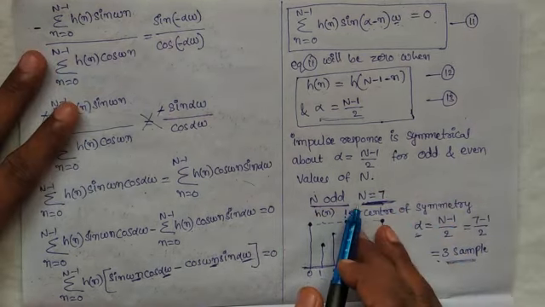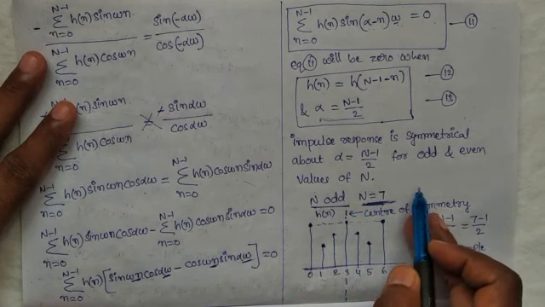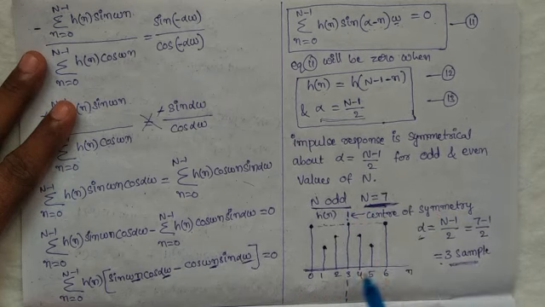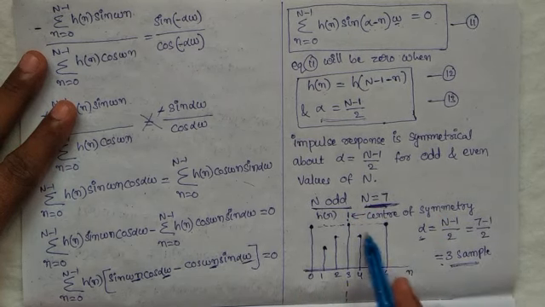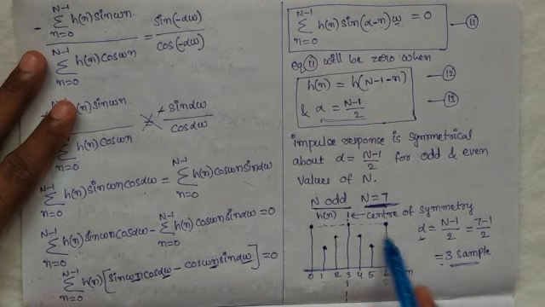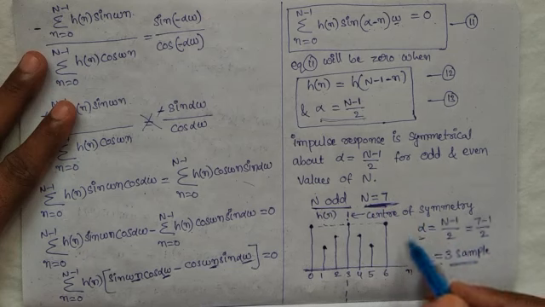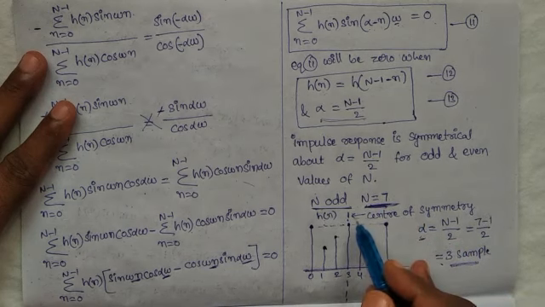For capital N odd, let us consider capital N is equal to 7. 7 is the odd value. Here this is the graphical representation of the impulse response. Actually this impulse response is symmetrical about the alpha value. Alpha is equal to capital N minus 1 by 2. What is the center of symmetry?